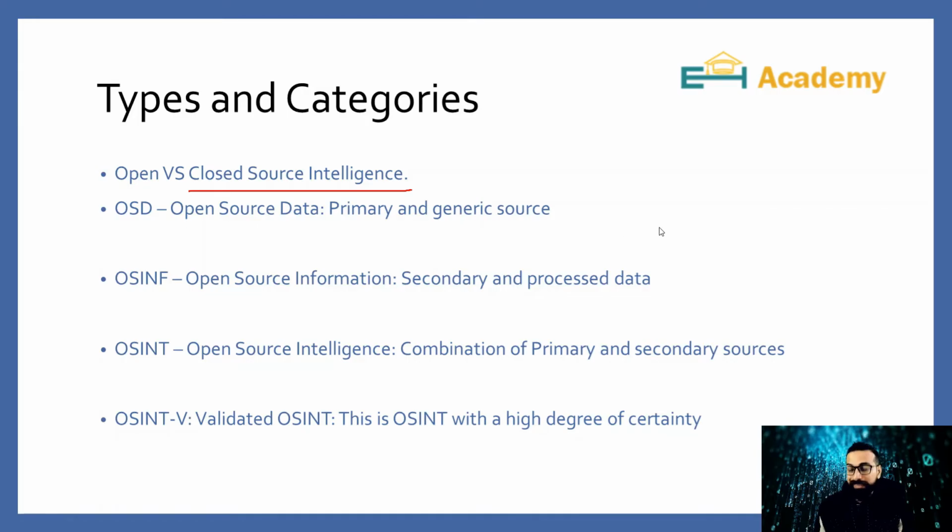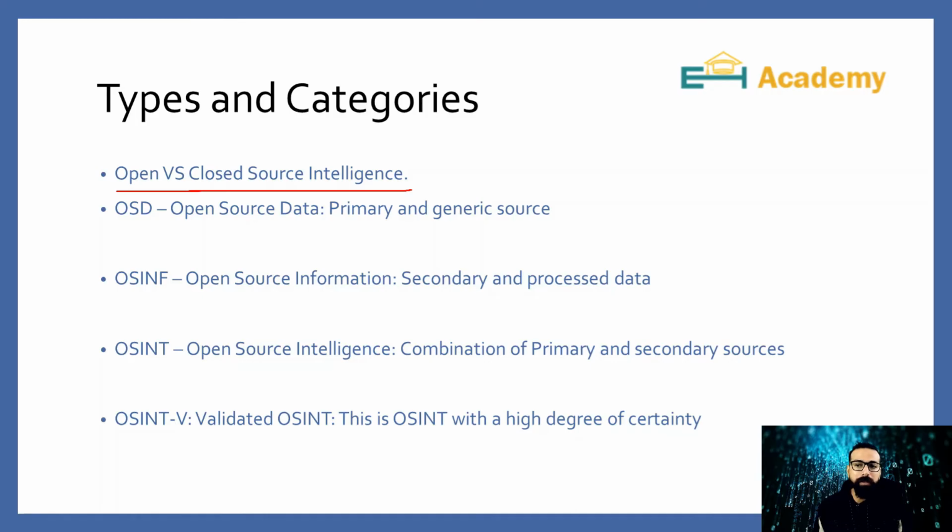On the other hand, closed source intelligence is information from sources with restricted access, for example, police crime recording systems and financial intelligence. Usually intelligence agencies use different techniques to gather closed source intelligence as well as open source intelligence.